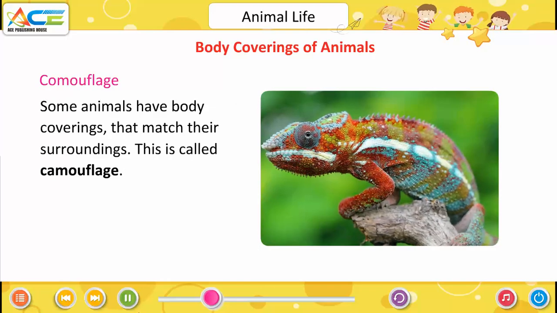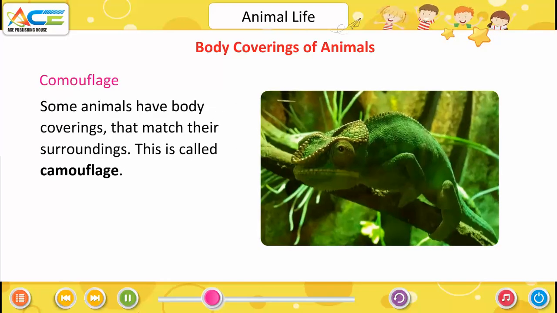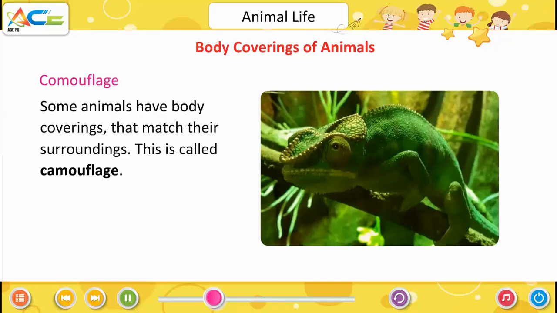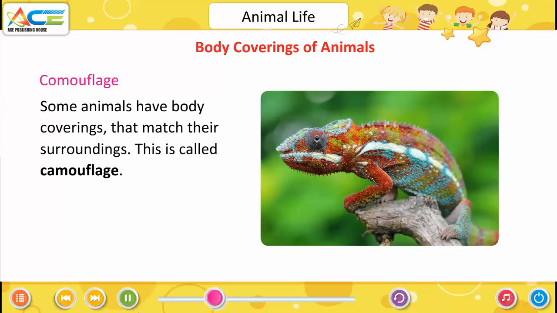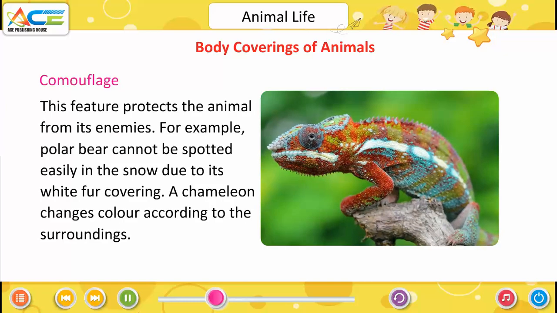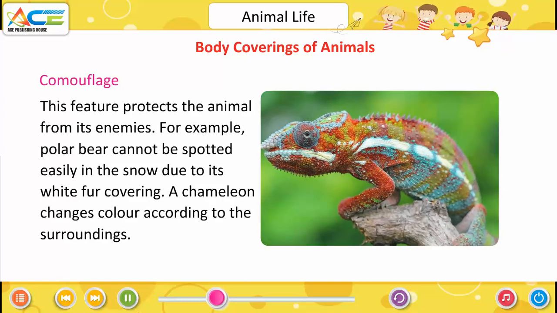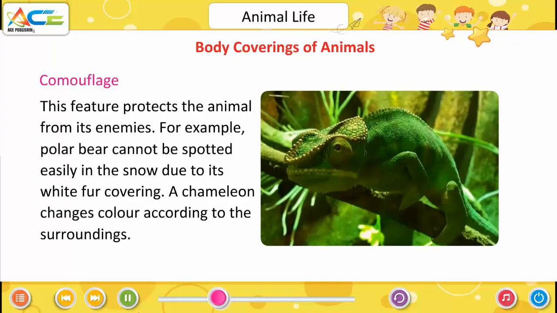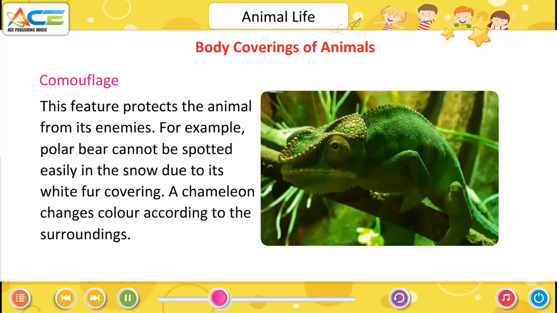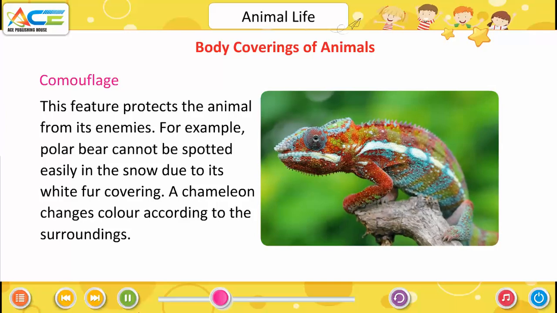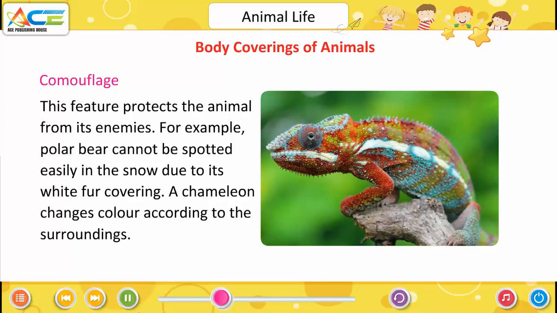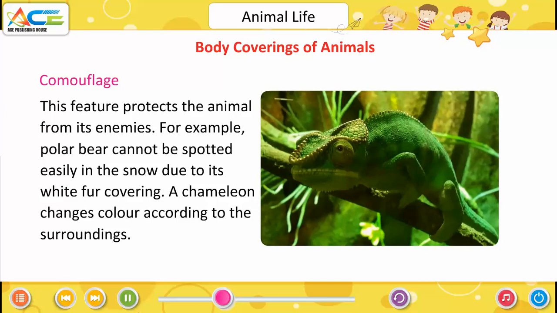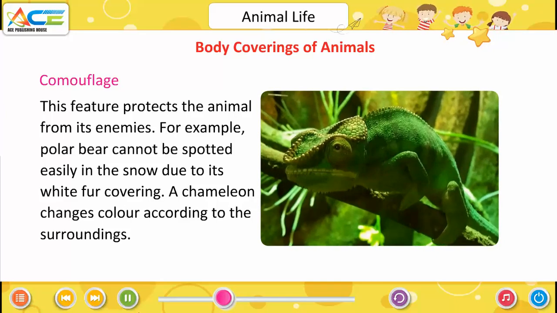Some animals have body coverings that match their surroundings. This is called camouflage. This feature protects the animal from its enemies. For example, a polar bear cannot be spotted easily in the snow due to its white fur covering. A chameleon changes color according to the surroundings.